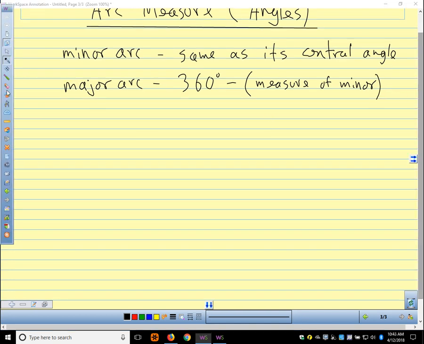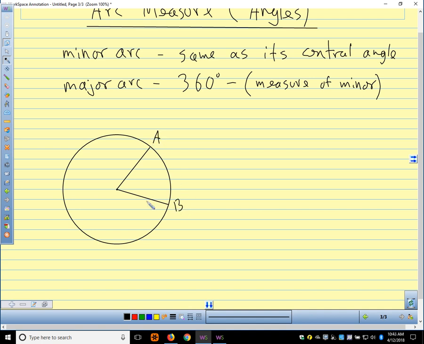So let's look at an example. This sounds more complicated than it really is. I'm going to draw in a central angle, and I'm going to call this point A, this point B. The center of the circle is P, and I'm going to put a point over here, C. So this would be circle P. The measure of arc AB, and I'm going to say this angle is 70 degrees.